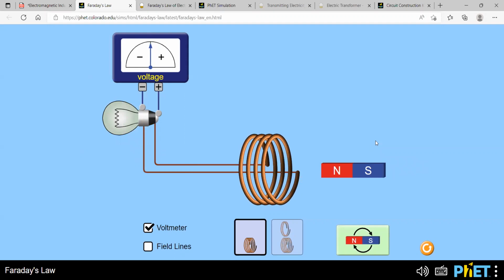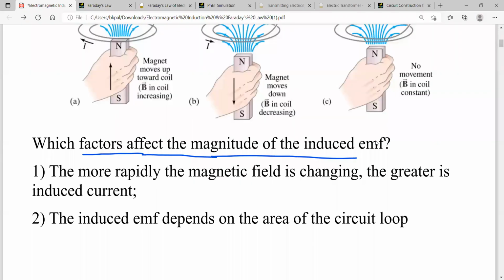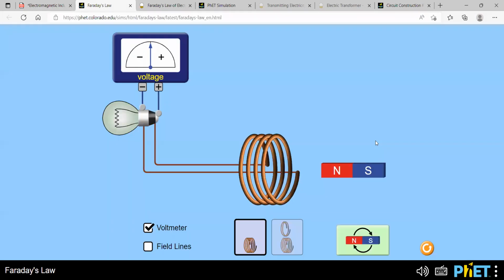Another thing that affects the magnitude is the area of the circuit loop. The higher the area, the higher the induced EMF. A few things to remember: a change in the magnetic field can induce EMF in a circuit, and you can change the magnetic field in two ways.